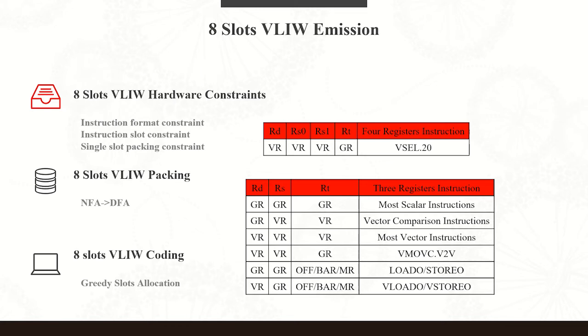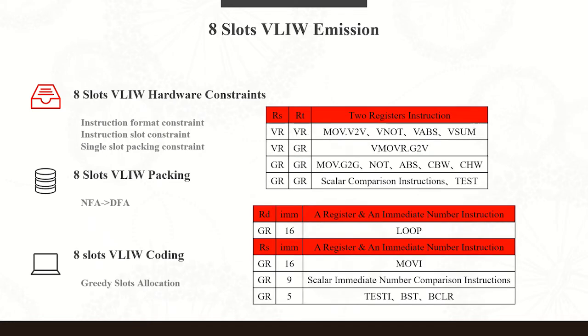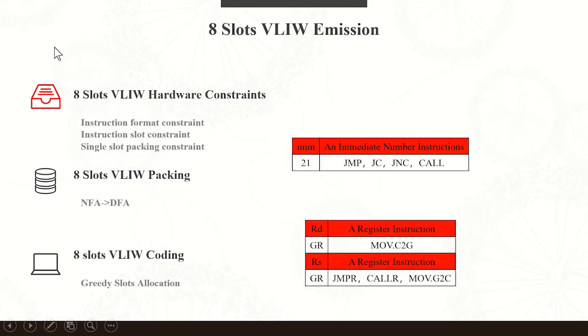First, it is the instruction format constructs as shown in the figures on the right, where the instruction formats of the 4-register and 3-register types are listed. Next, it's about the 2-register instruction and the 1 register with 1 immediate number instruction. Finally, there is an immediate number instruction and 1 register instruction.